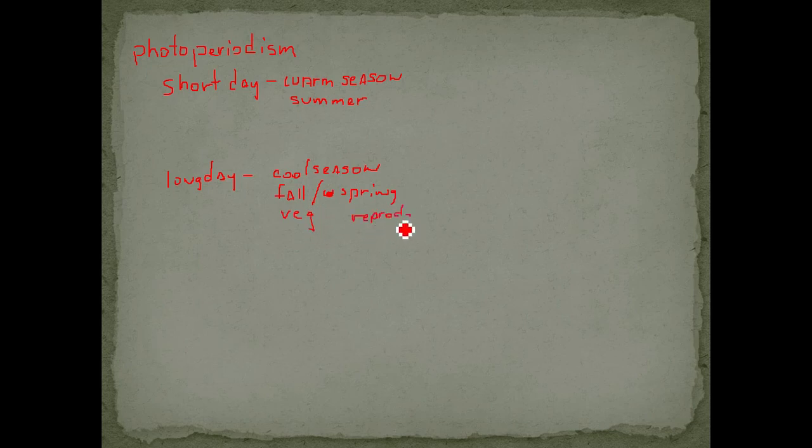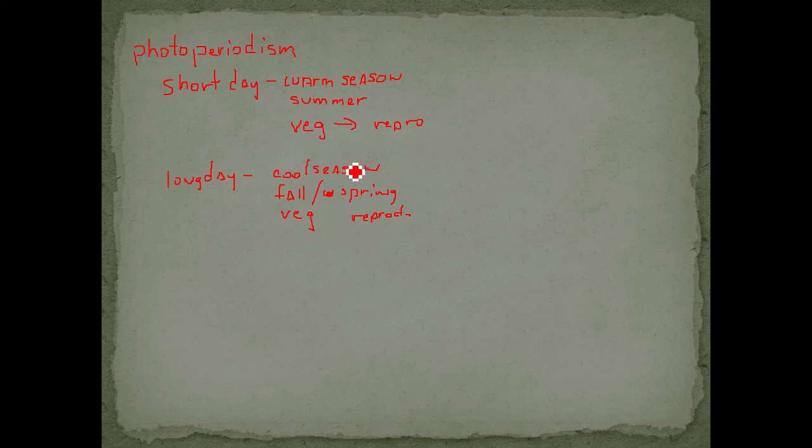And warm season crops are no different. They'll start out growing vegetatively, and then they will progress to reproductive growth or flowering as the time tells them to do so. So it is this response to day length that tells plants when to make this transition from vegetative to reproductive growth.